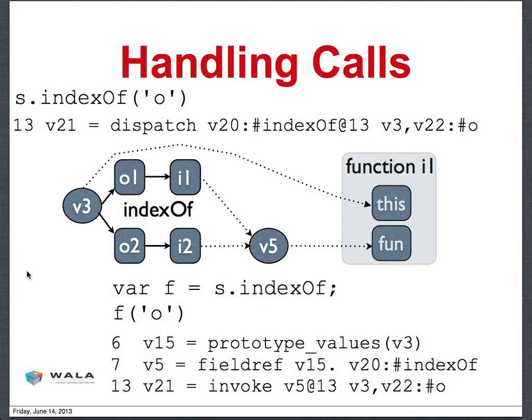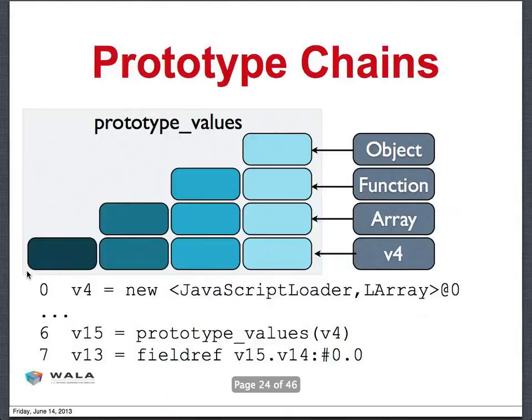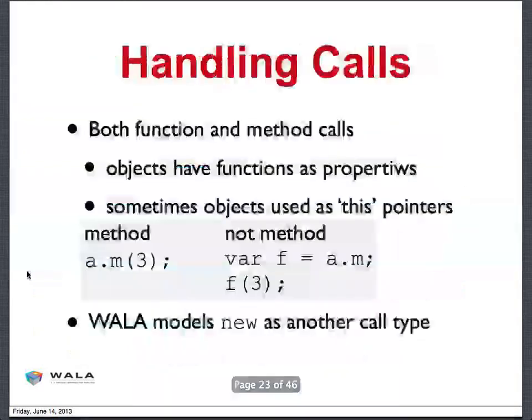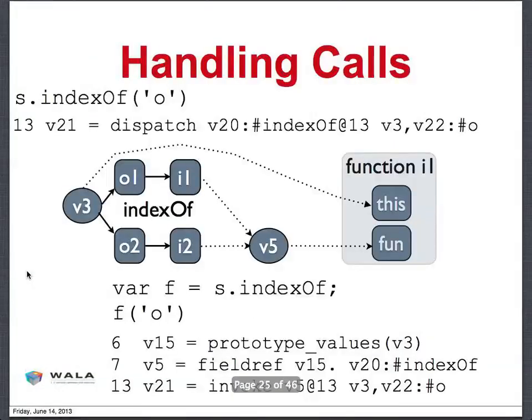That's as opposed to down here, where if I do s.index of, and then I call f of o, I'm going to read the prototype values of s, get all the possible prototypes of all the abstract objects of v3, get all their possible index of objects, and then do the call. So that's why we have two different kinds of invokes.